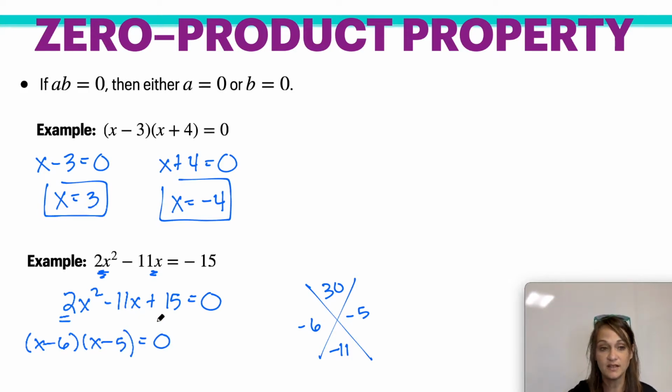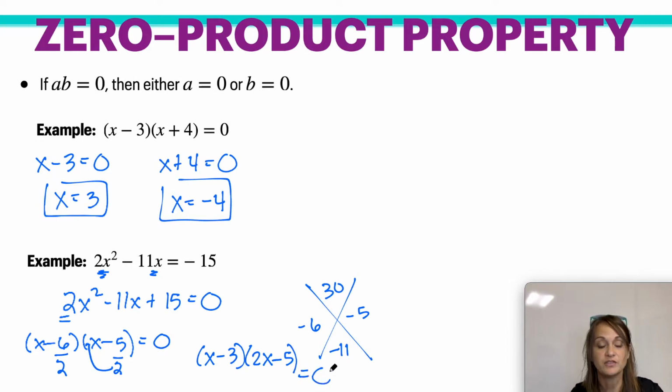And then you're not done though. Remember this illegal move: since you multiplied in the first step, you now have to divide in the second step. 6 divided by 2 is 3. This does not reduce, so you throw the 2 in front. You now have two factors equal to 0. Either x minus 3 will be 0, or 2x minus 5 can give you 0.